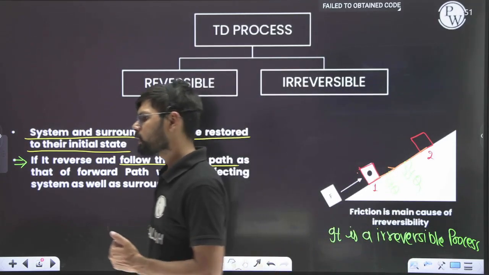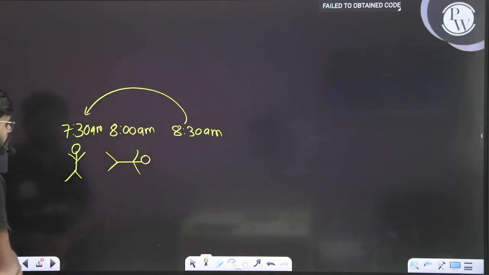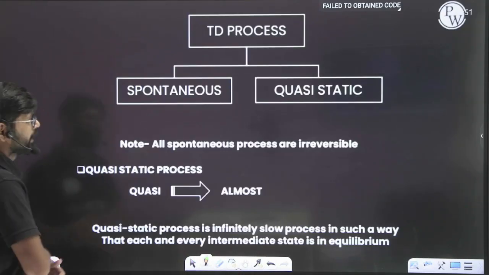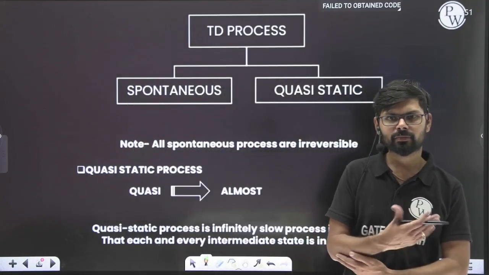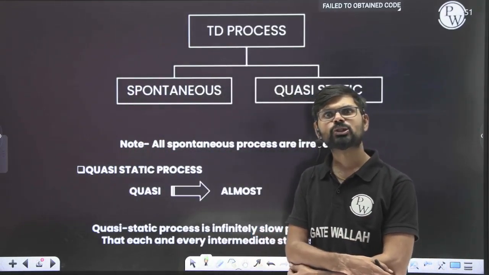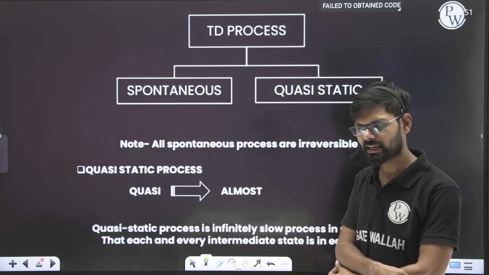Okay, now come to another classification of thermodynamic processes. Now a thermodynamic process can be classified as a spontaneous process or a quasi-static process.